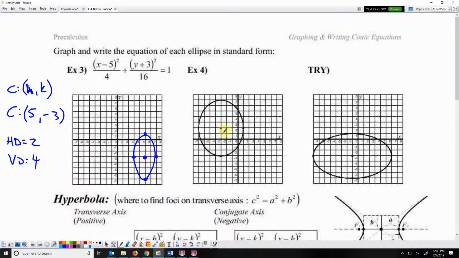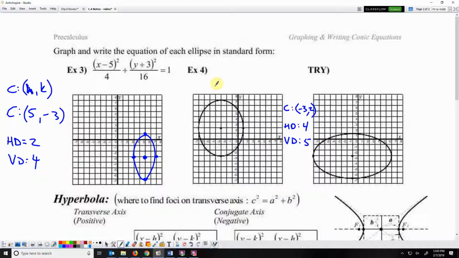Okay, so here's an ellipse that we are going to find an equation for. To find an equation, we need to know the center, and that would be negative 3, 2. Okay, so we've got the center, now we need the horizontal dilation. It goes 1, 2, 3, 4 to the right and left, and the vertical dilation, 1, 2, 3, 4, 5.